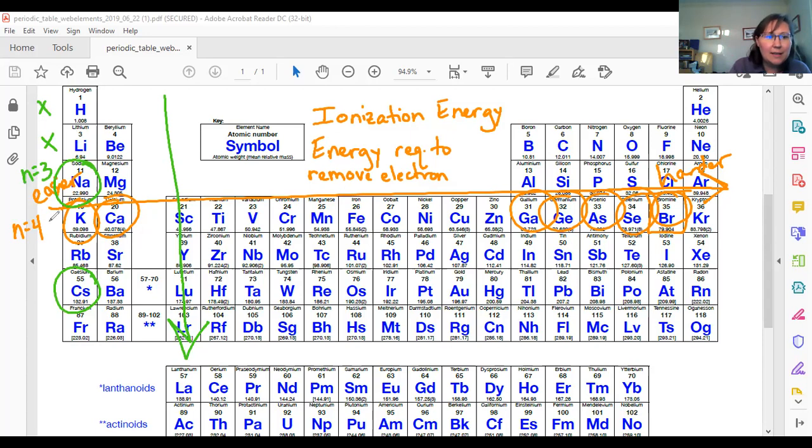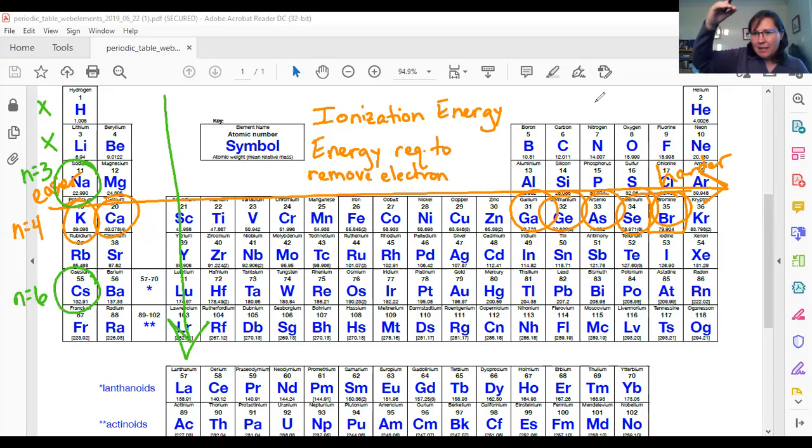If we come down here to cesium, 4, 5, 6, N equals 6, cesium has 1, 2, 3, 4, 5. So that last electron in cesium has to look through 5 layers of electrons in order to see the protons in the middle. So even though there are way more protons in cesium, cesium has to look through those blankets of electron layers of negativity in order to see it.